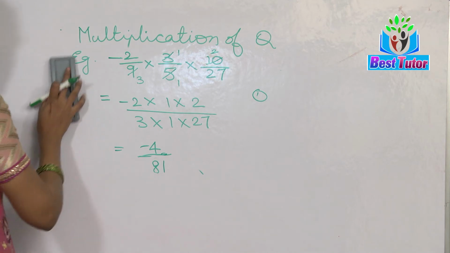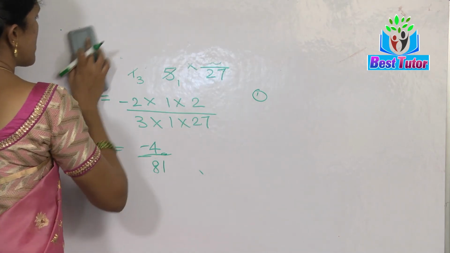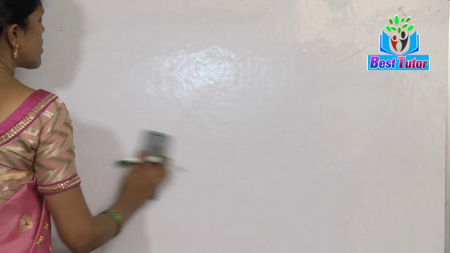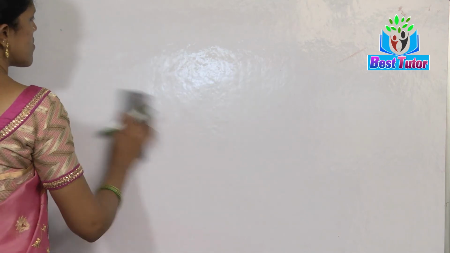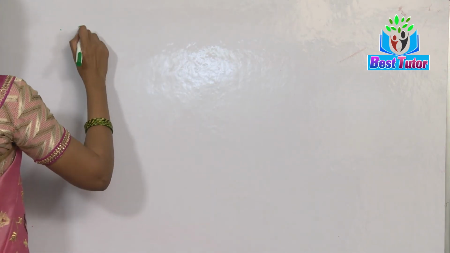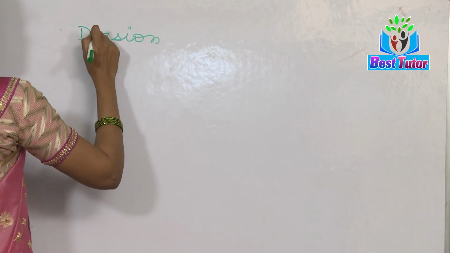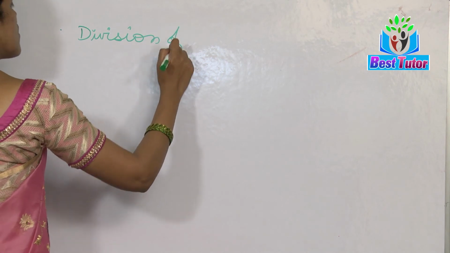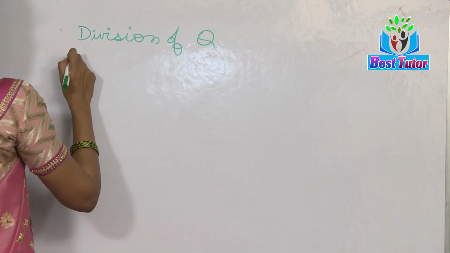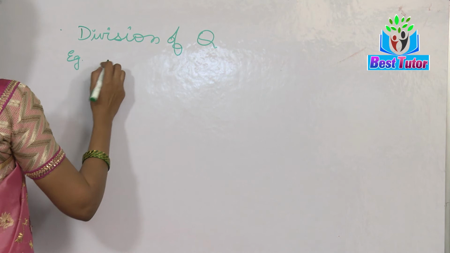Now the last fundamental operation is division of rational numbers. How do we divide 2 or more rational numbers?